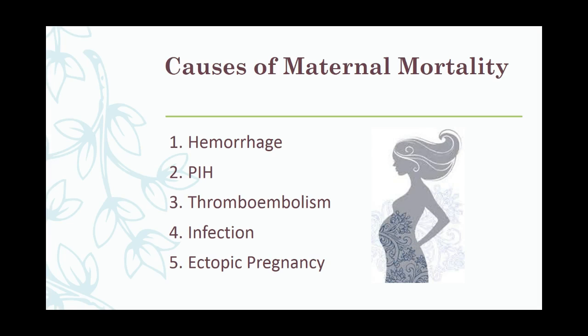All of these 5 things are causes of maternal mortality that we have to be aware of. We have to know what causes those things, and then we also have to know how to mitigate circumstances when we have a client that presents with any of these listed issues. So we're going to go over some of these in detail.